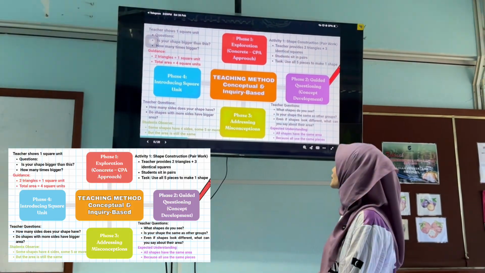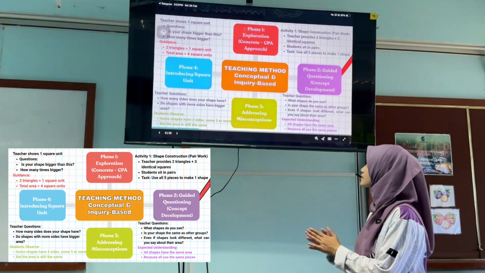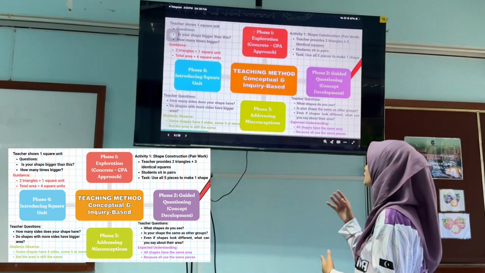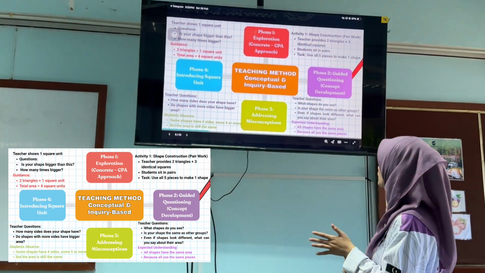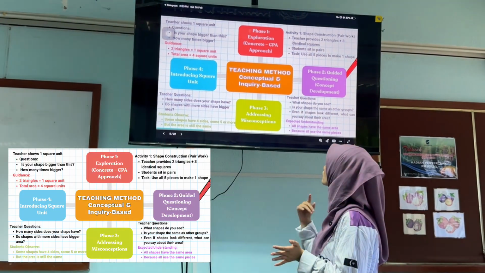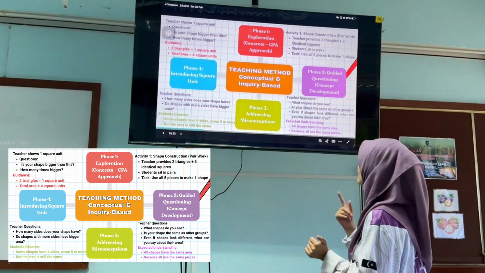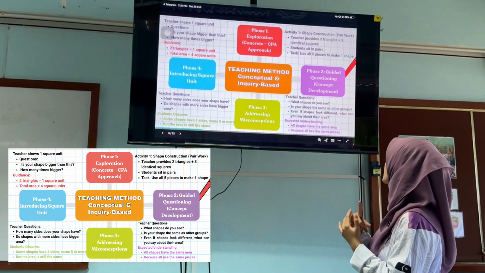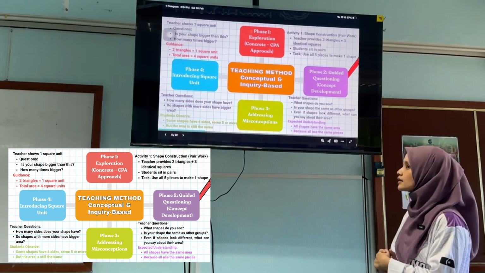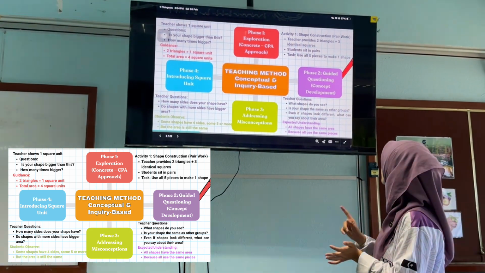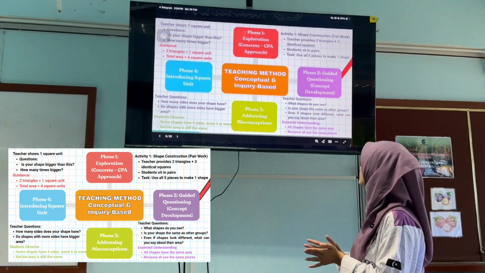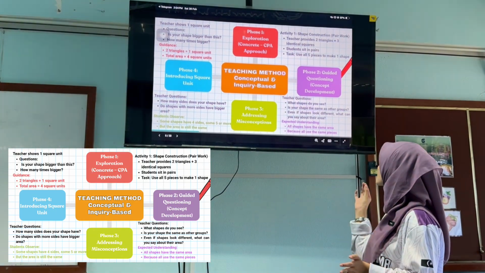Okay, so now we move to the teaching method with conceptual and inquiry-based learning. There are 4 phases. Phase 1 is exploration, using the concrete CPA approach. For activity 1, shape construction in pairs. The teacher provides 2 triangles plus 3 identical squares, and students work in pairs.